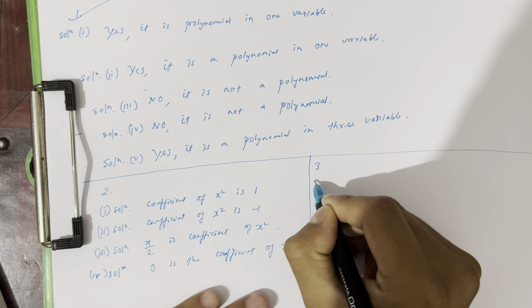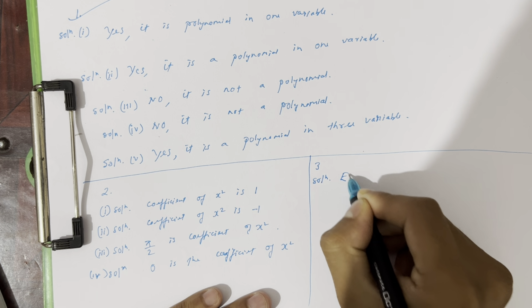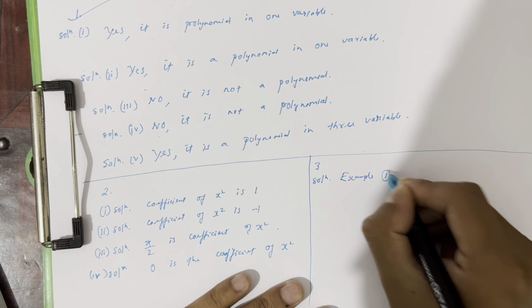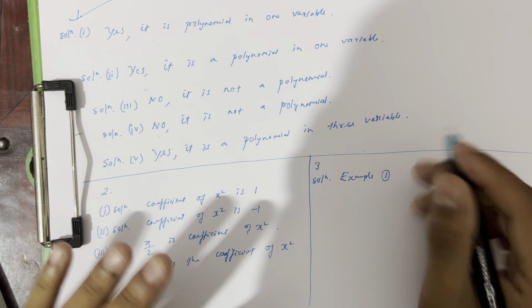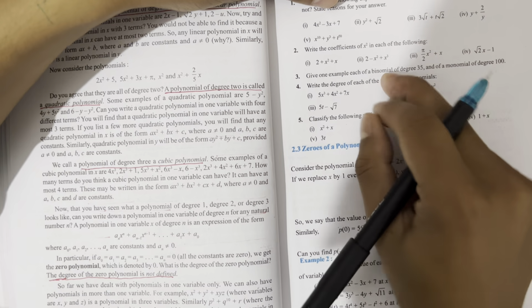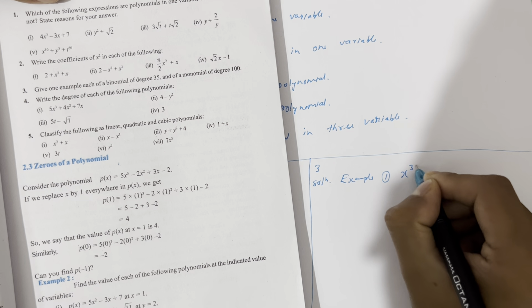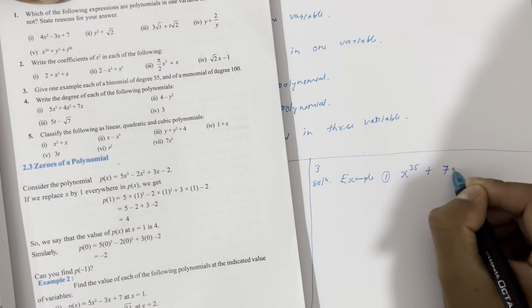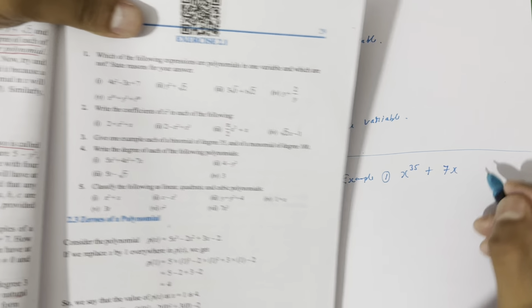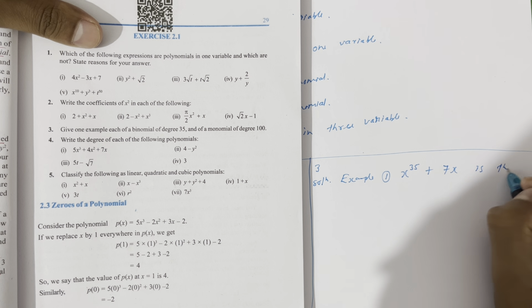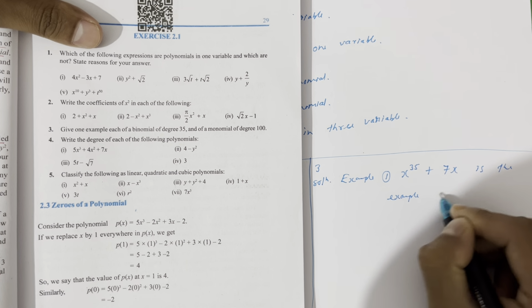You write solution, example number 1, like this. We have to give one example of a binomial of degree 35. You can write x to the power 35 plus 7x. So this is the example of a binomial.